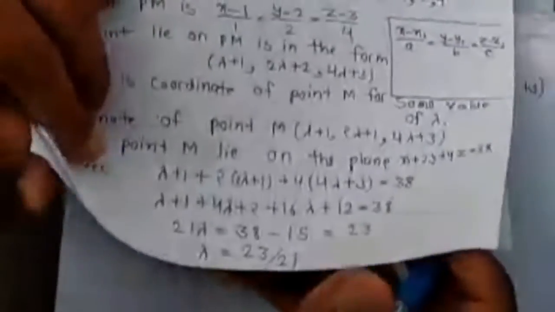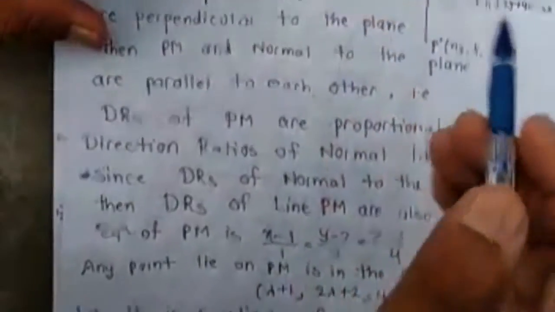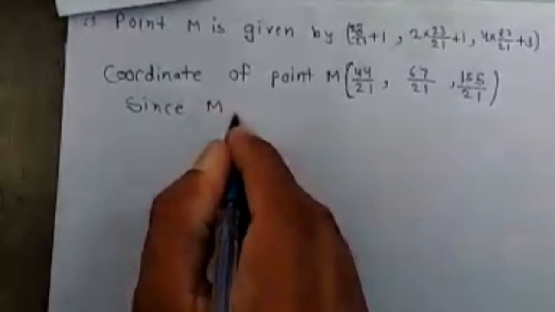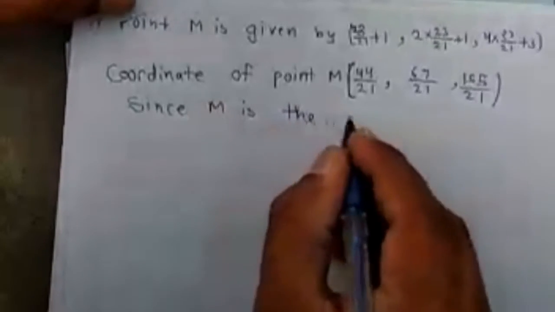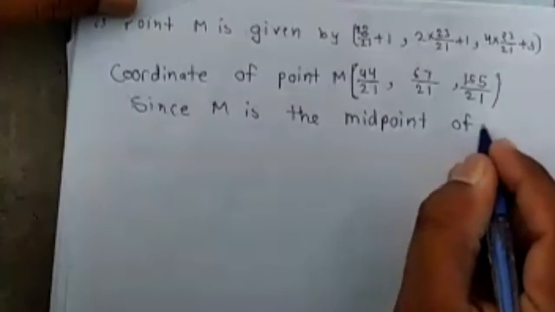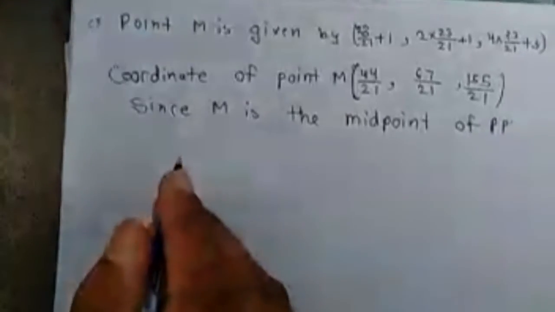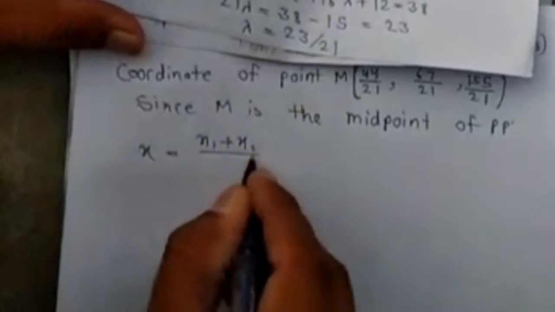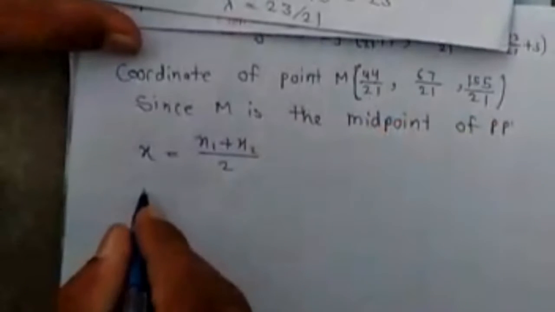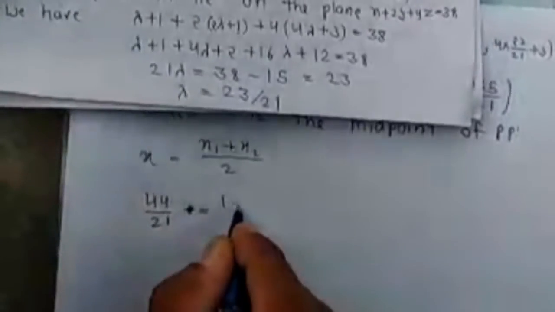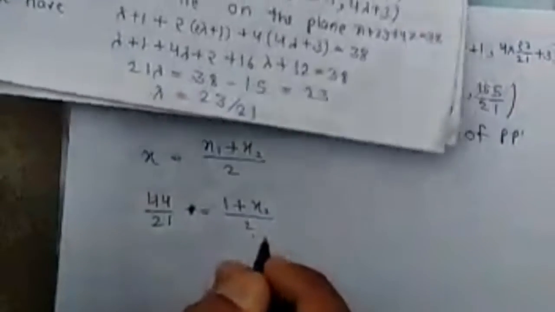Since M is the midpoint of PP dash, x equals (x1 plus x2)/2. The value of x is 44/21, the value of x1 is 1, plus x2 unknown, divided by 2.